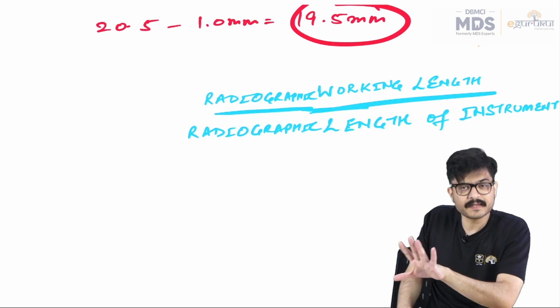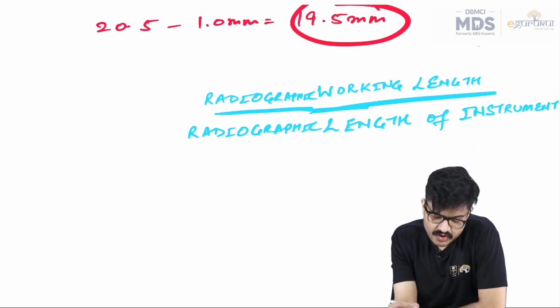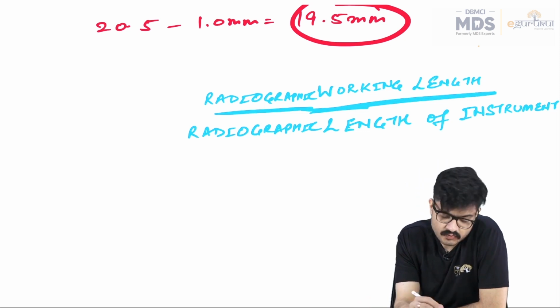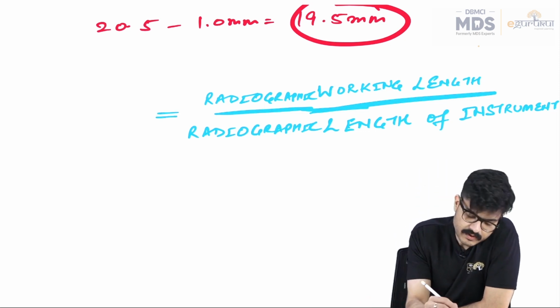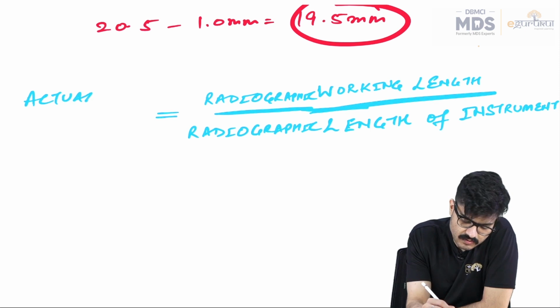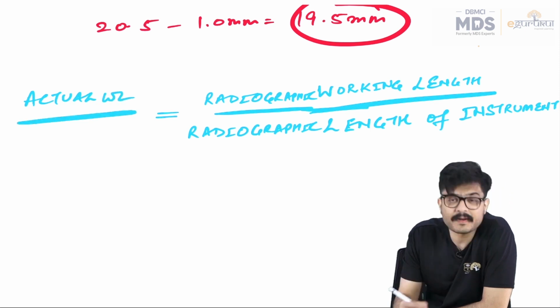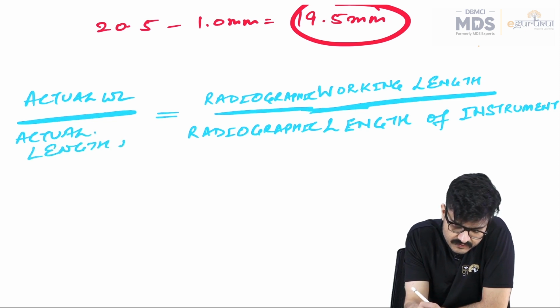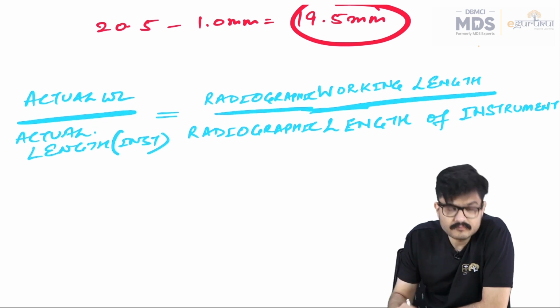So the ratio would be the same. So the ratio of radiographic working length divided by the radiographic length of the instrument would be equal to the actual working length divided by the actual length of instrument.